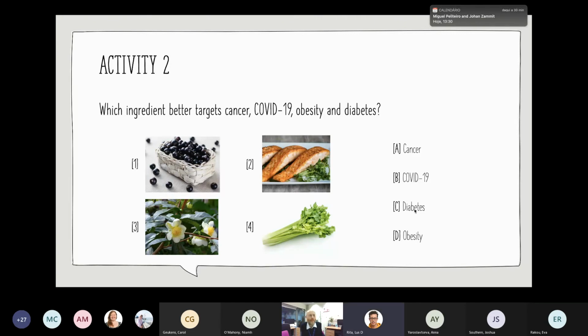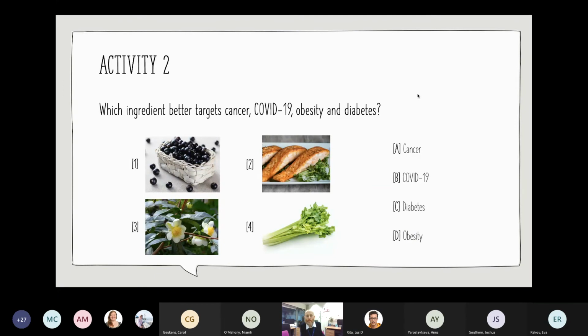Well, so far from the votes we've got, most people think that food number 1 is the anti-cancer molecule. And what about diabetes and obesity? What are the guesses? For obesity, which is 4, it's mostly celery.